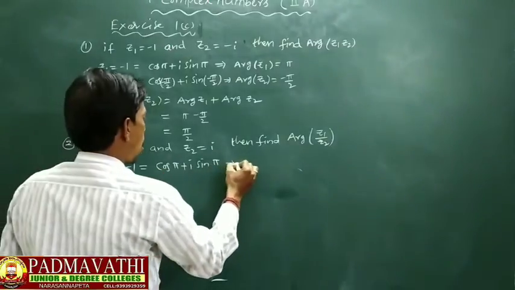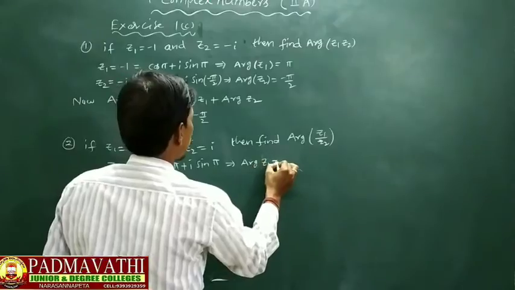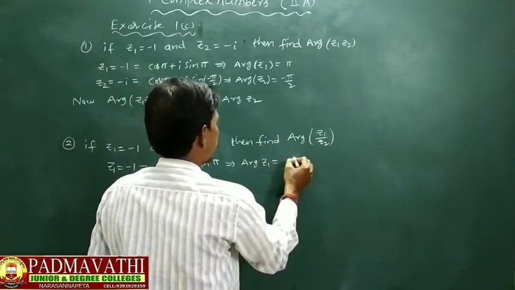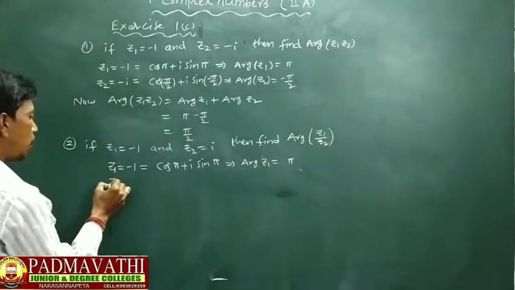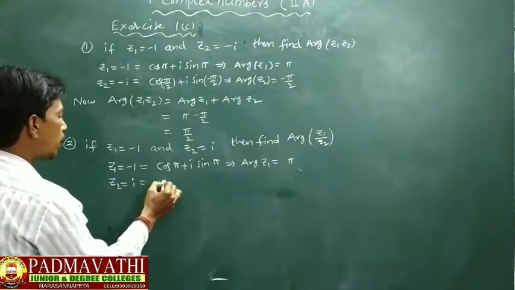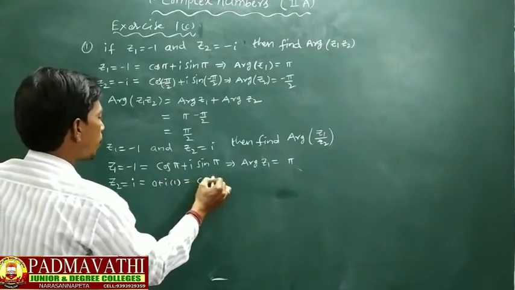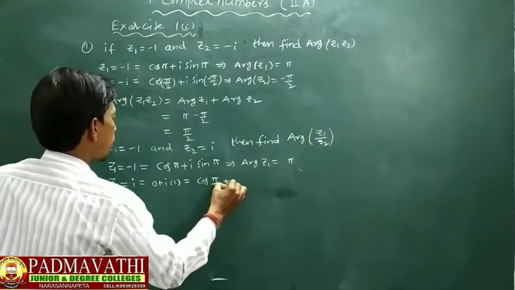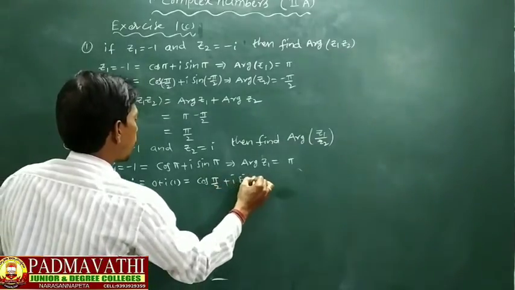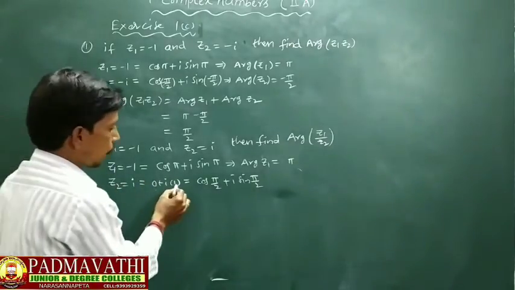That implies arg z1 equals pi. z2 equals i, so it is 0 plus i into 1, which equals cos pi by 2 plus i sin pi by 2, with cos 90 equal to 0 and sin 90 equal to 1.